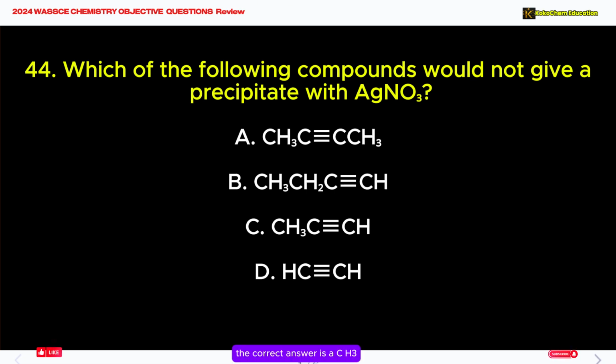The correct answer is A. CH3C≡CCH3. Explanation. Only terminal alkynes give white precipitate with silver nitrate. Option A is an internal alkyne, so no precipitate.